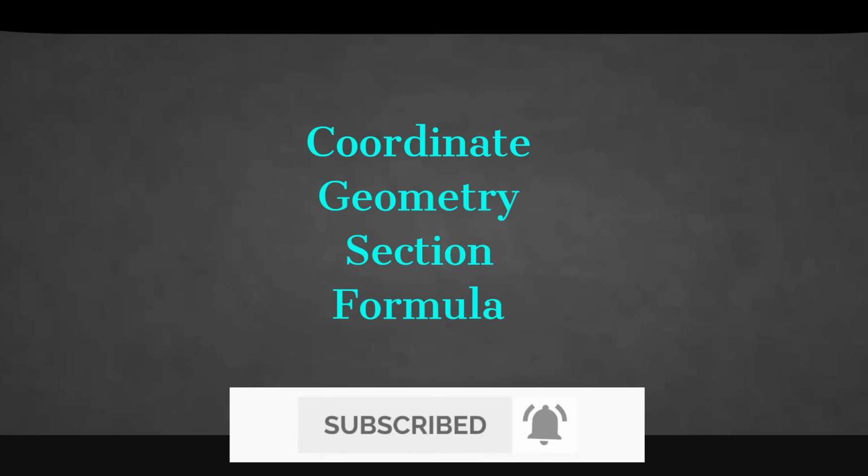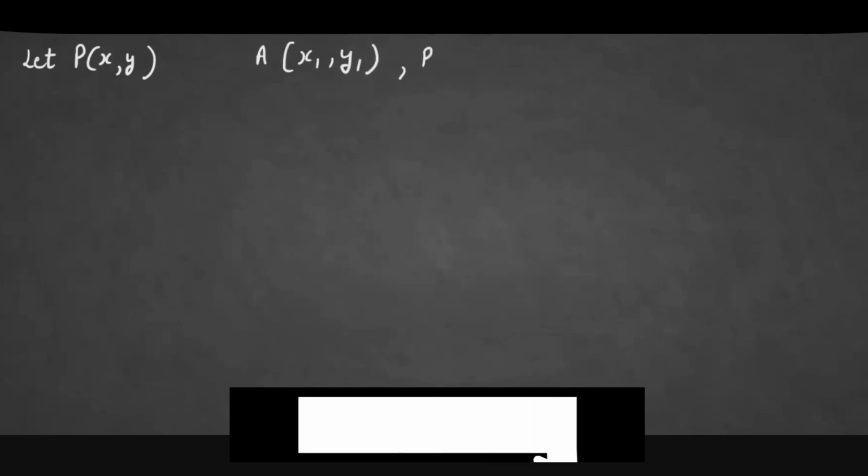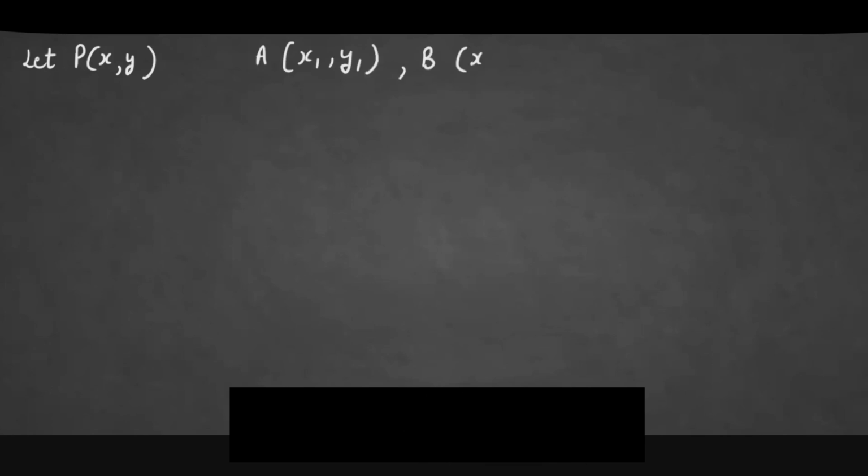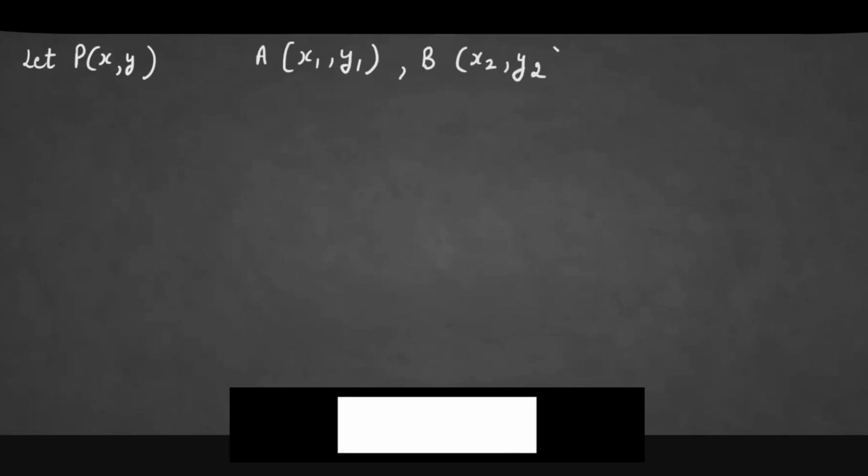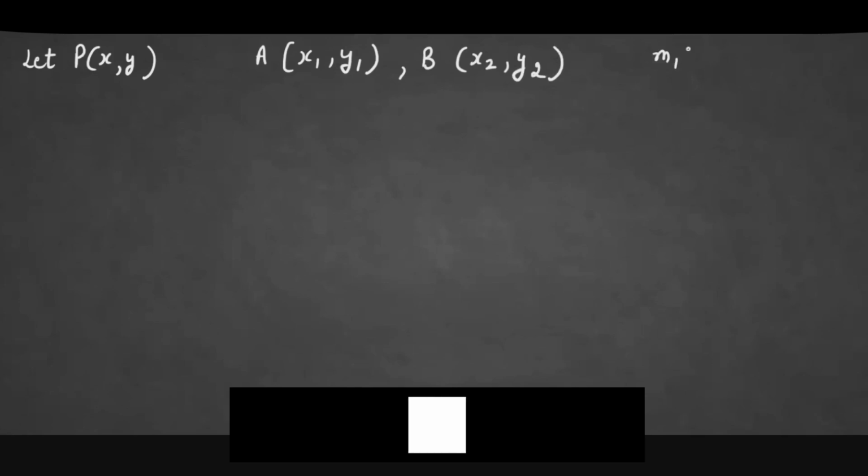Let us understand first what is section formula. So for that, we will consider some points. Let P(x, y) divide a line segment AB with the coordinates A(x1, y1), B(x2, y2) in the ratio m1:m2.